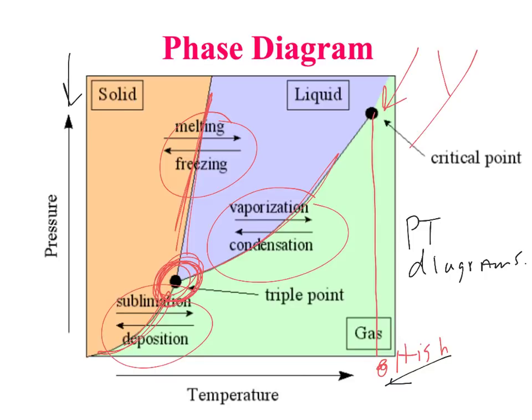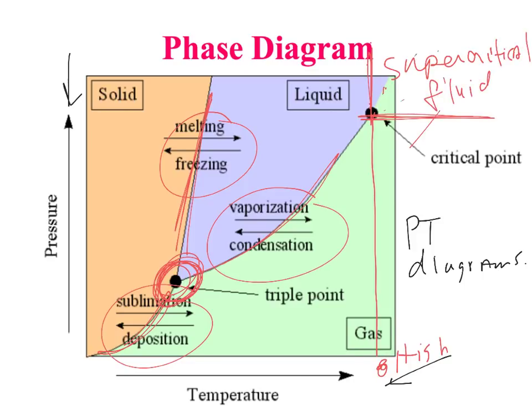So what you have to do is you have to imagine that there is a little box here. And at this point, if I erase this, at this point, the substance is in a new phase. It's called a supercritical fluid. And it is neither a liquid nor a gas.